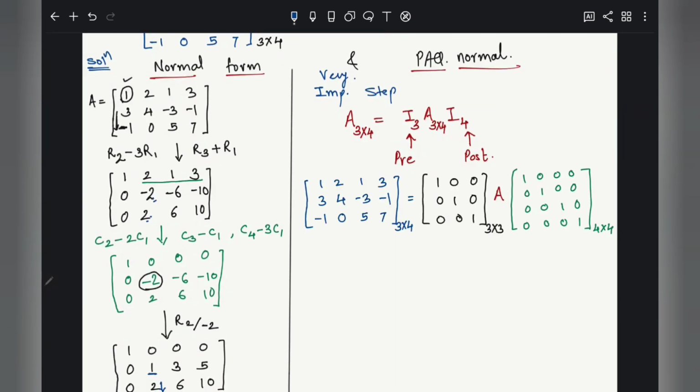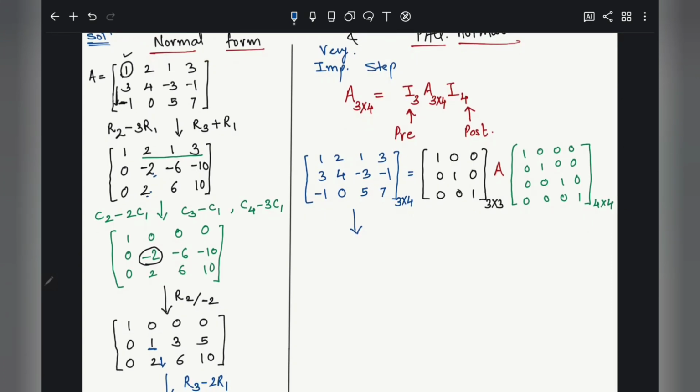So here I have just replaced the values, and now you have to do the same steps which you followed earlier to get the normal form. If you see, I have done R2 minus 3R1, R3 plus R1, the same I will do here.